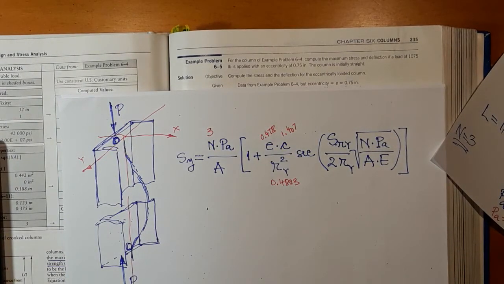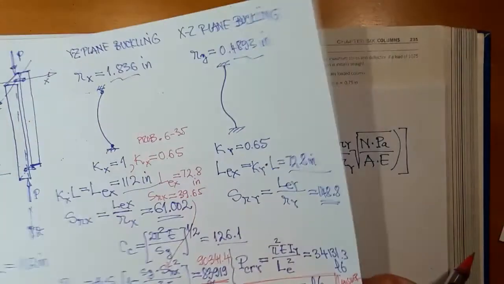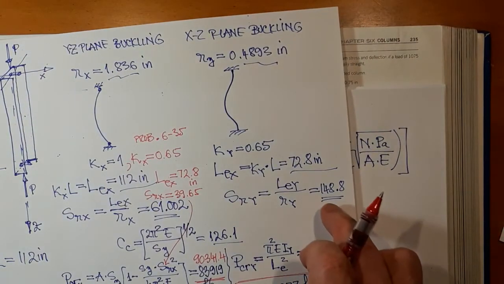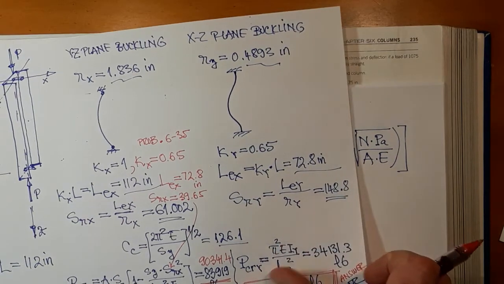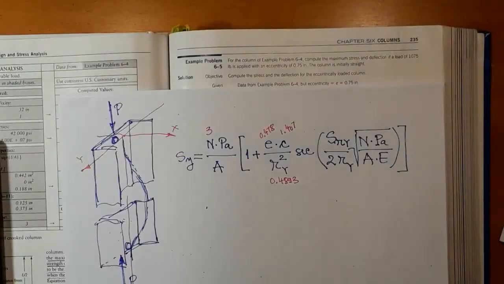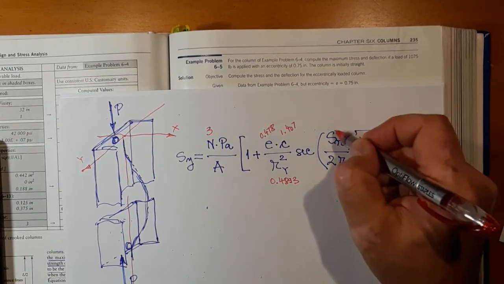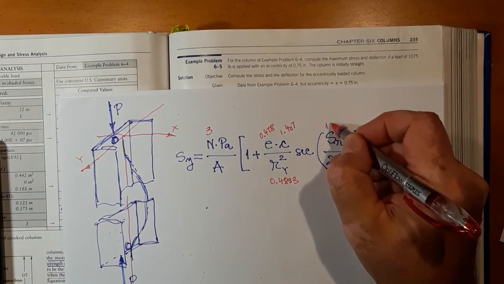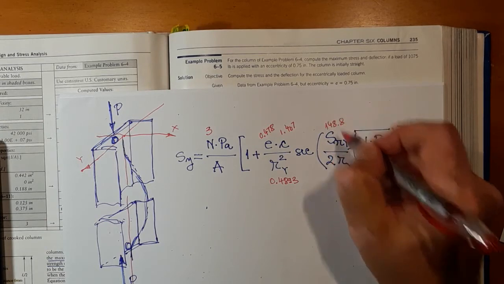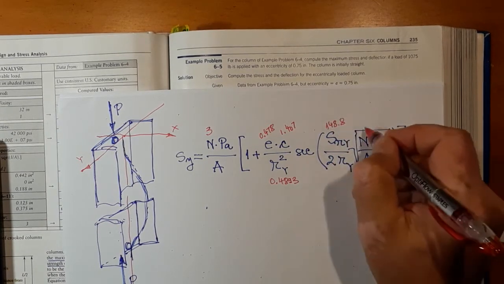So slenderness ratio is going to be KY times L, that's 72.8 inches, divided by Ry, and the answer is 148.8.